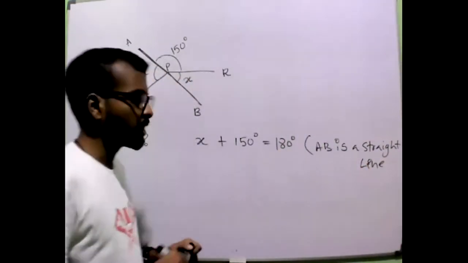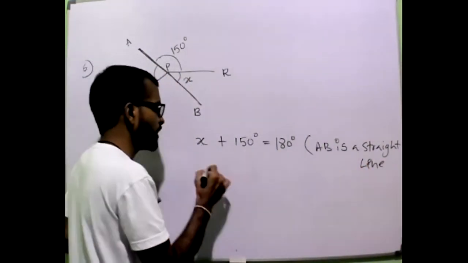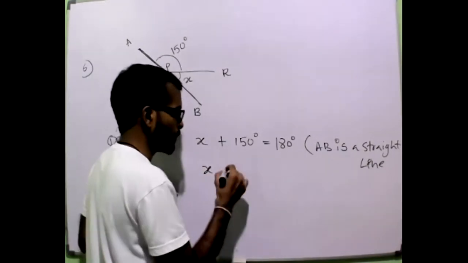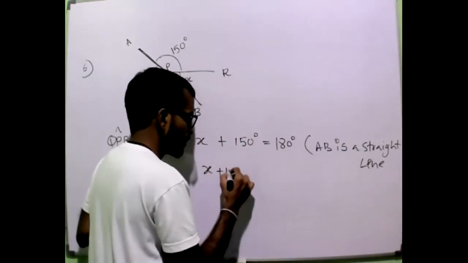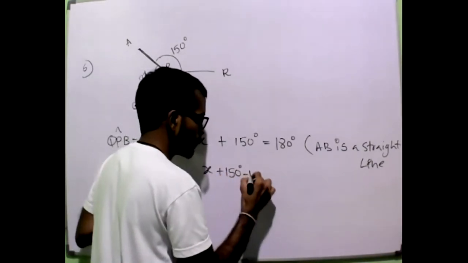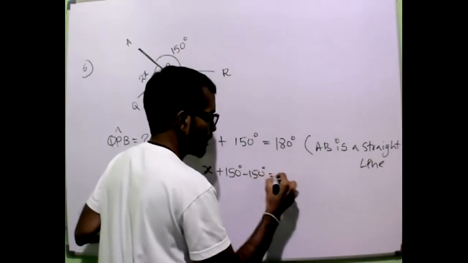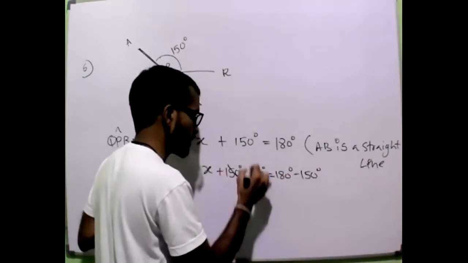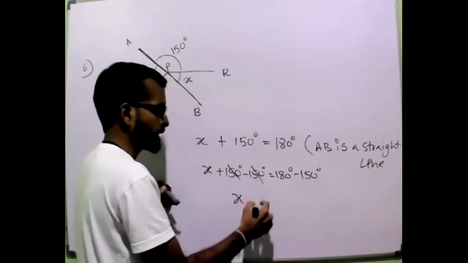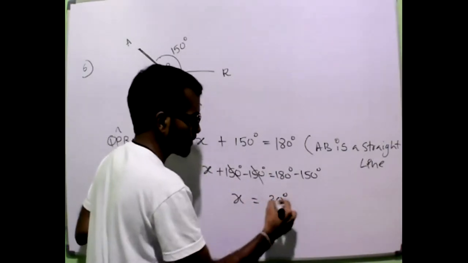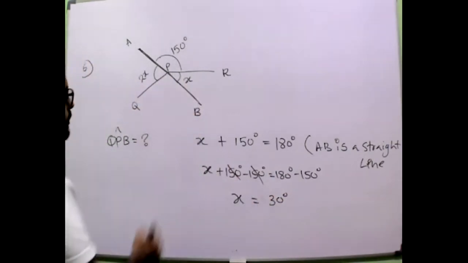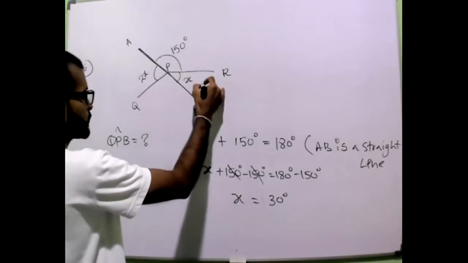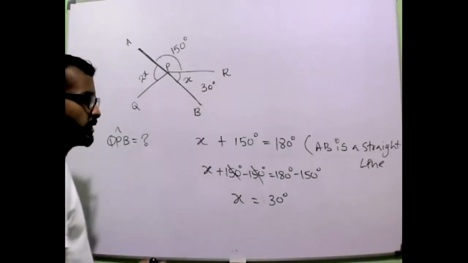It is given in the question. So you can find the value of x. So 150 minus 150 equals 180 minus 150. Cancel out, cancel out. x equals 30. Now you know the value of x. It is 30.